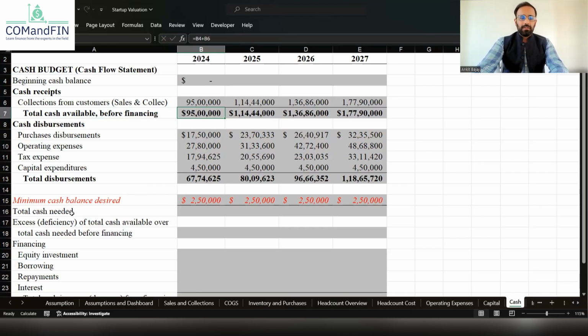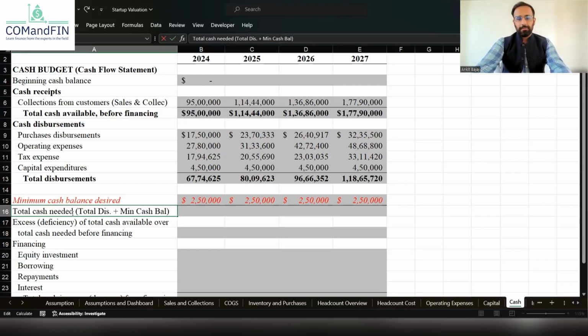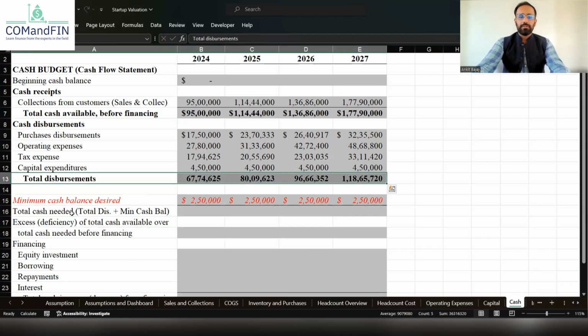So how will you calculate the total cash needed? Obviously, you will take the total disbursement, and then add the minimum cash balance which is required. First, you need to assess your expenditure during the year.